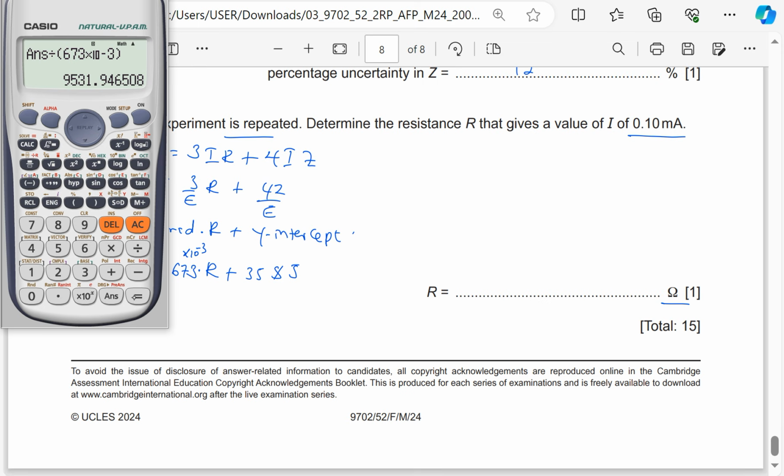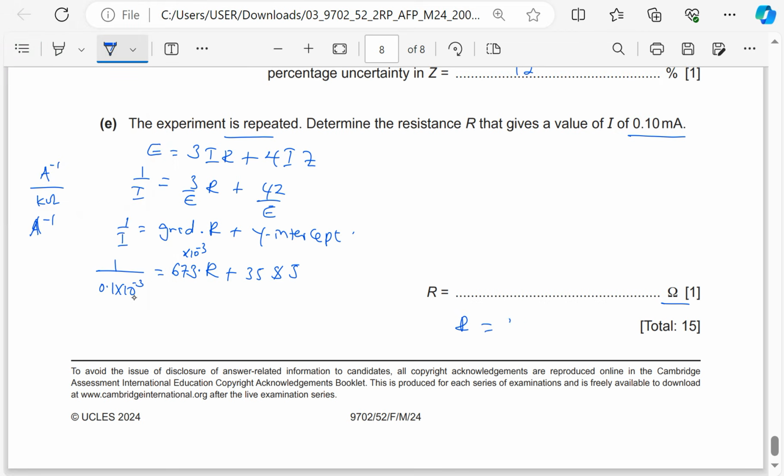So I'm finding R as 9531. R is equal to 9531 ohms. That is my value of R.